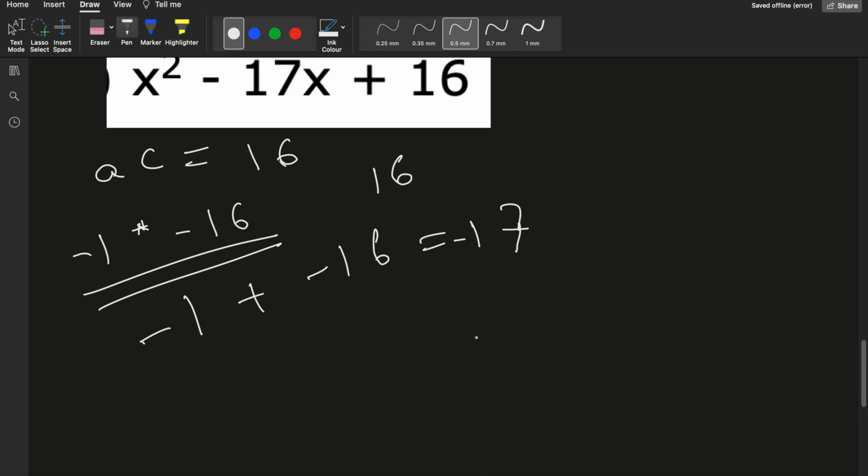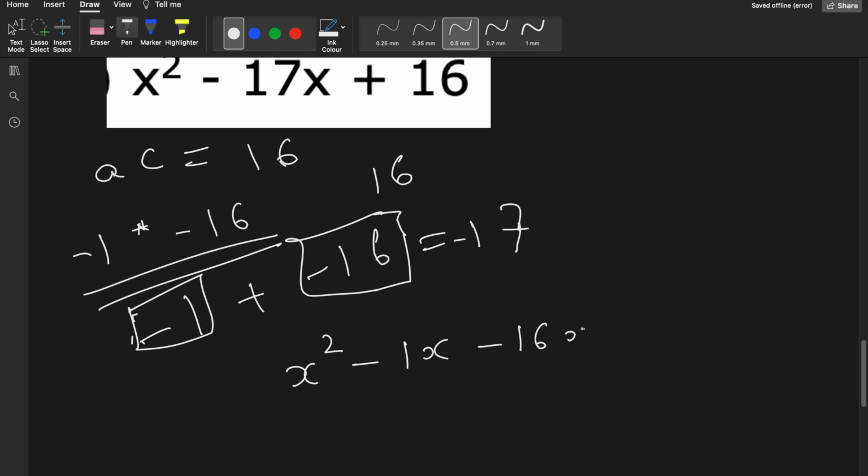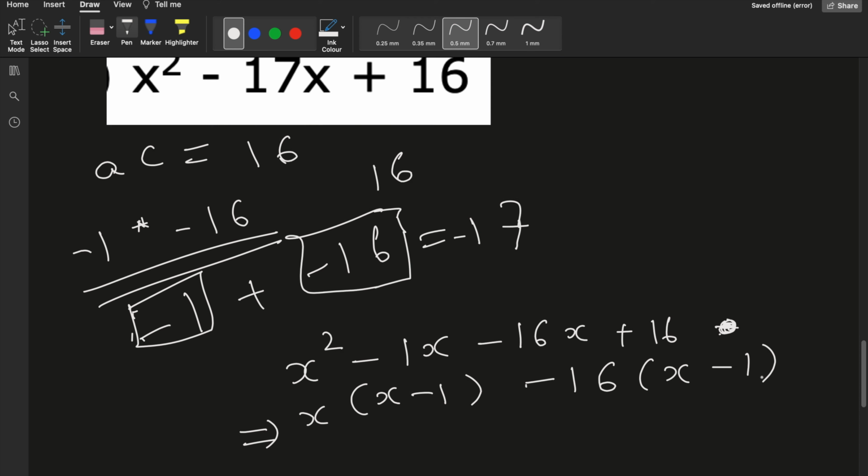Our two values would be minus 1 and minus 16. So now let's write this as x squared minus 1x minus 16x plus 16. Let's factor this to be x into x minus 1 minus 16 into x minus 1.